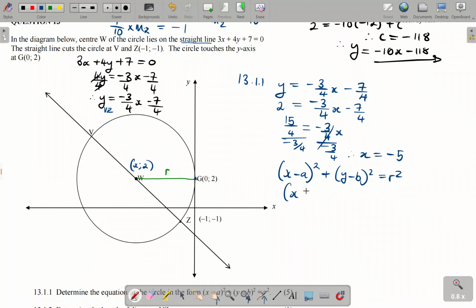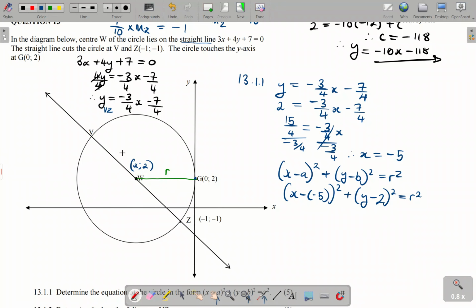So we're going to say x plus 5, squared, plus y minus 2, squared, equals r squared. To find the r, I'm just going to use the distance formula. You can use WR there.